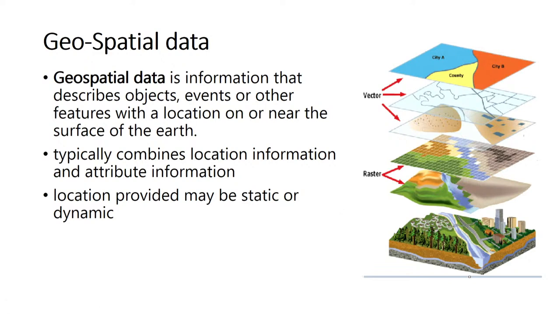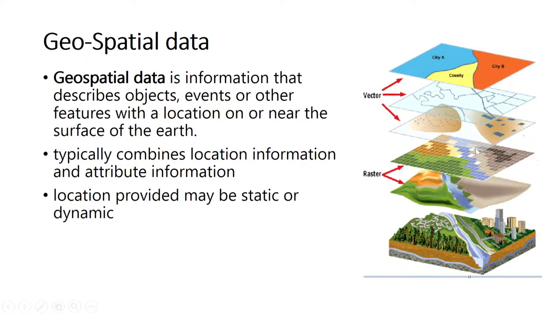So the location provided with this geospatial data may be static or it may be dynamic, like when the vehicle is moving. Then you can see the location of the vehicle may be updating when you see it on Google Maps or somewhere. So this geospatial data can be represented either using raster or vector. Now suppose you see this particular real world data, this can be represented either using raster, like a cell of grids, like when you take a top view image of this area.